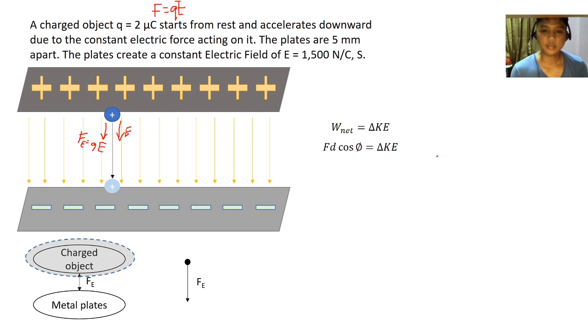Okay, F d cosine phi is the formula for work. And our F is QE because that's just the formula for electric force on a test charge exposed to an electric field. Our theta or our phi is 0 because the displacement is downward and the force is also downward.